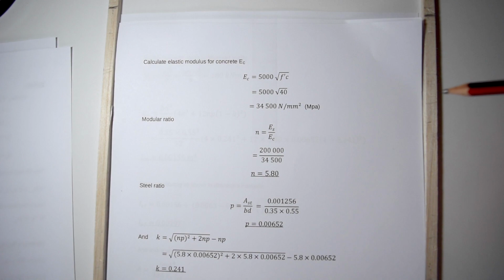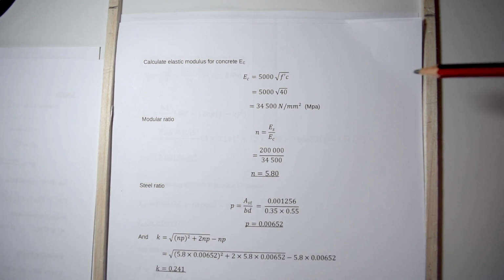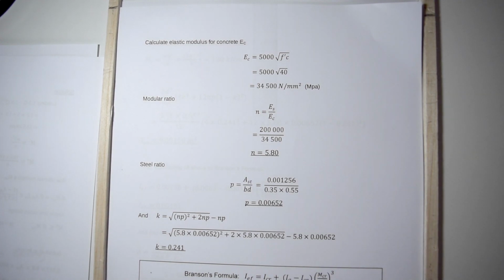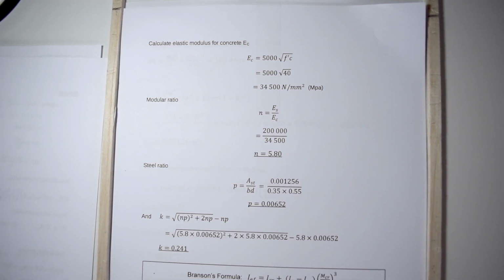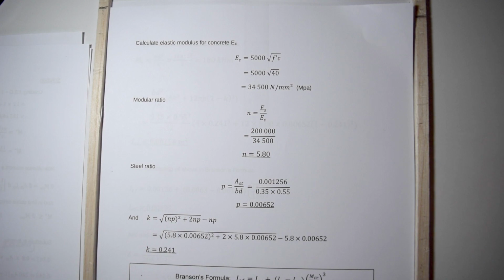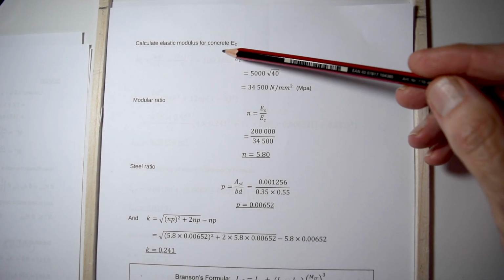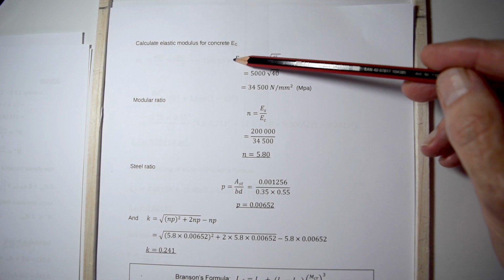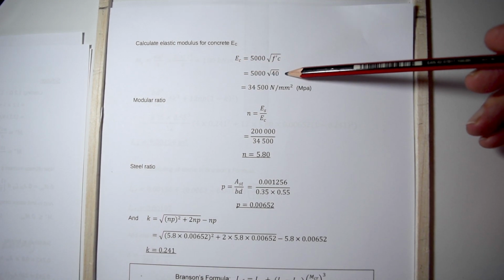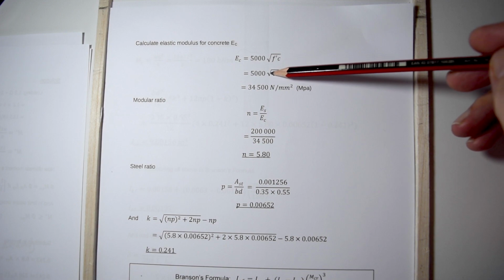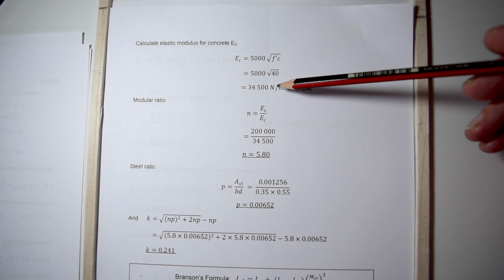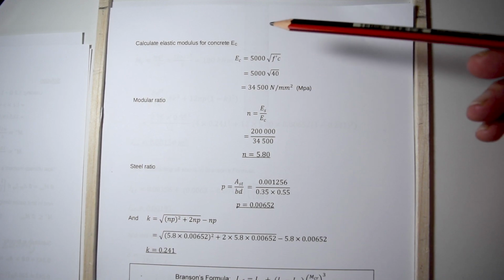So now we get into using Branson's formula. Right, so start off by working out your elastic modulus. As I said earlier, this is the formula I'd use, and you find that your elastic modulus using 40 MPa concrete is 34,500 newtons per square millimeter, or MPa.